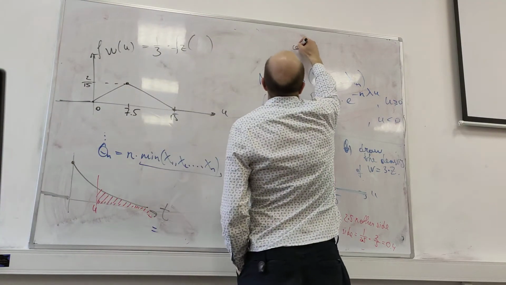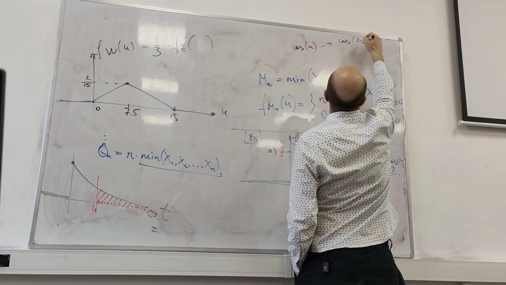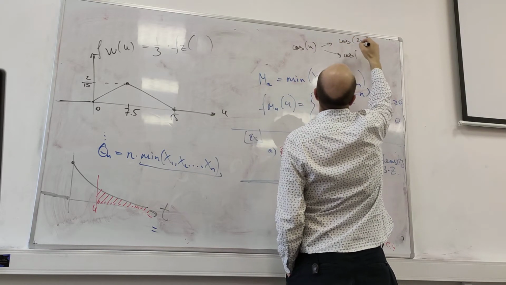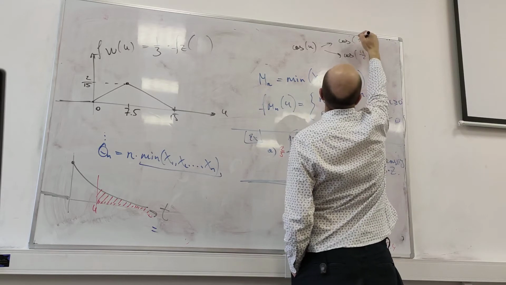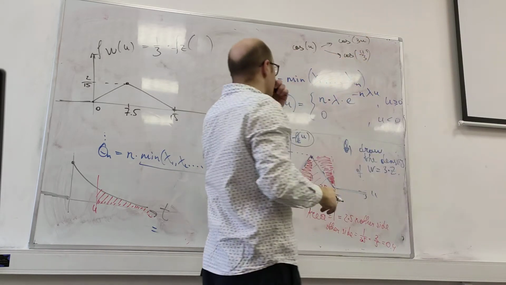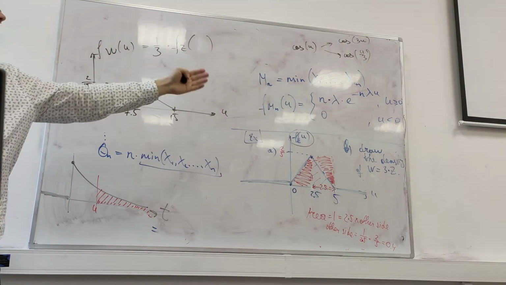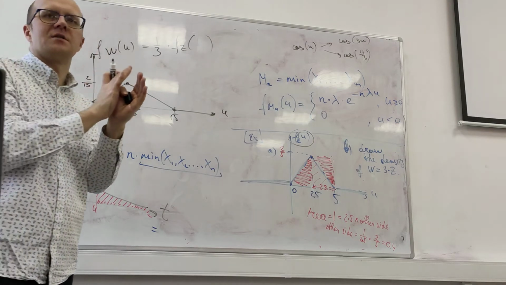If you have cosine of u, what happens if you take cosine of 2u, cosine of u over 2, of 3u, and u over 3? What happens with cosine of 3u? Is it dilated or contracted?